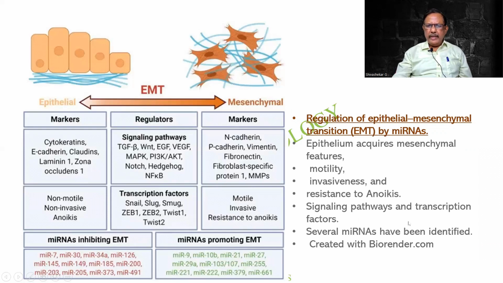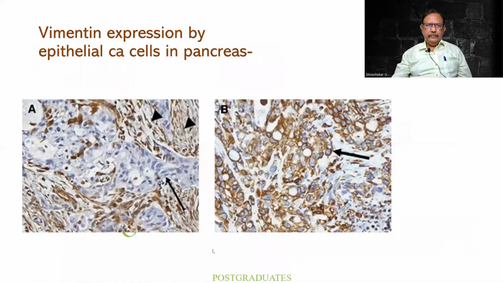Signaling pathways are being activated, and several miRNAs have been identified. This is from this particular reference; you people can go to it. So vimentin: E-cadherin is supposed to prevent, N-cadherin actually promotes, and so does vimentin. Look at this one.